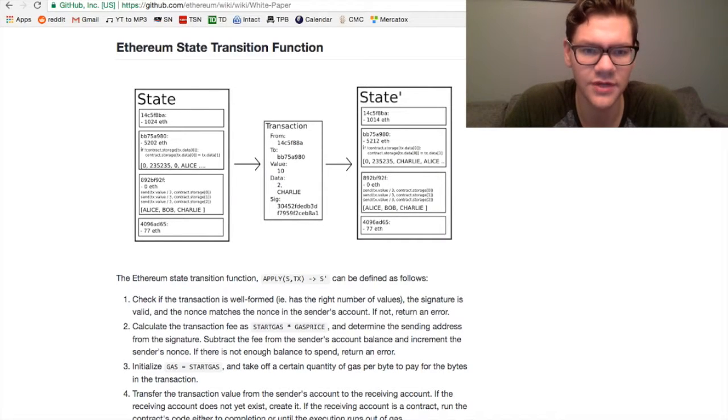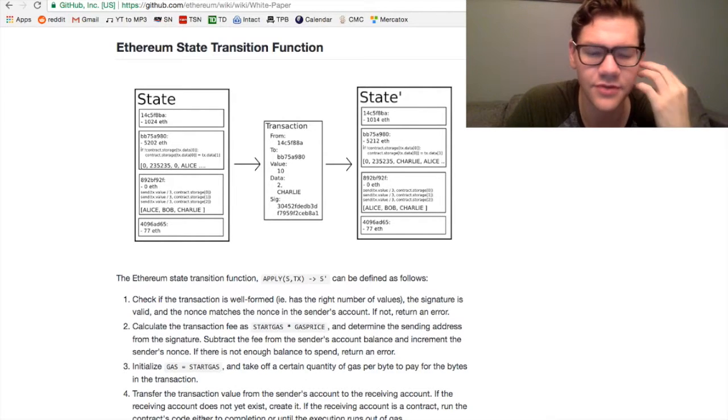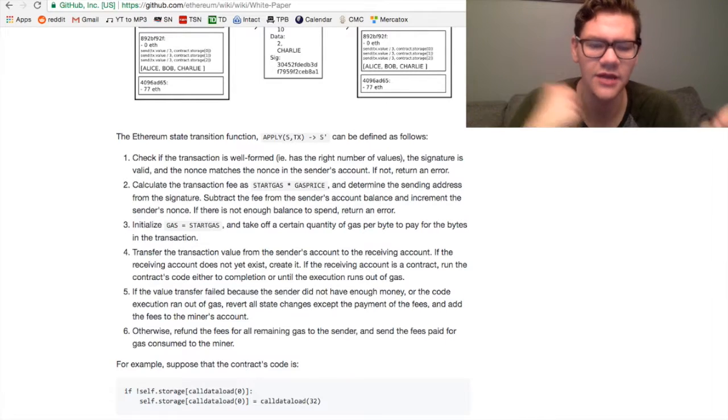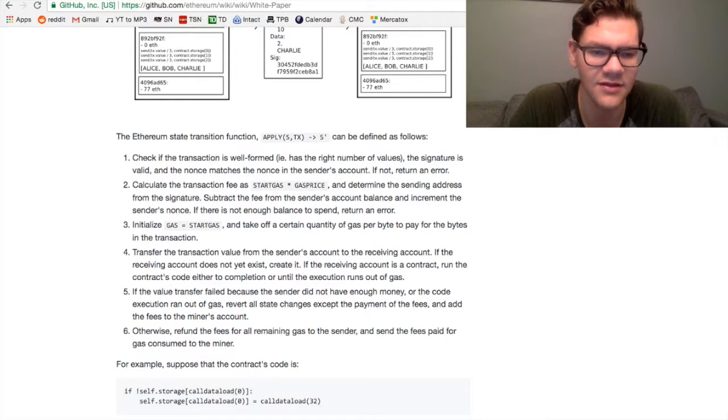Ethereum State Transition Function. The Ethereum State Transition Function, APPLY(S, TX) -> S', can be defined as follows. 1. Check if the transaction is well formed, the signature is valid, and the nonce matches the nonce in the sender's account.